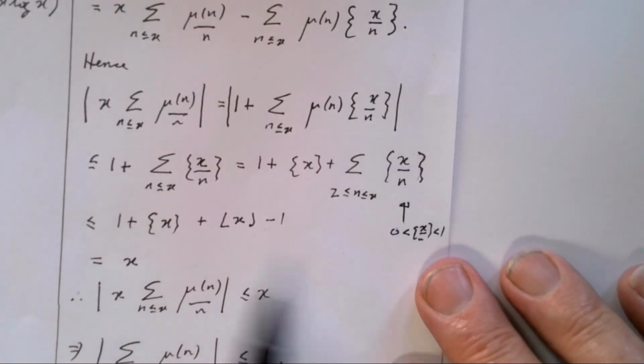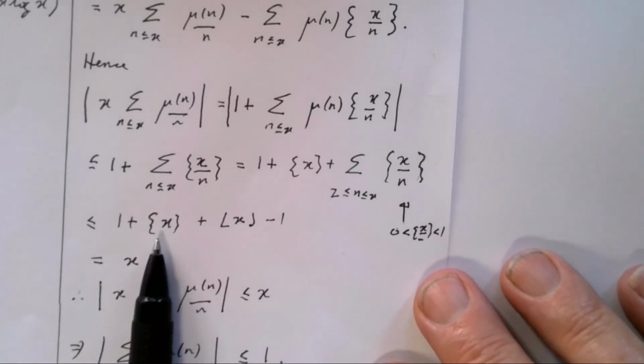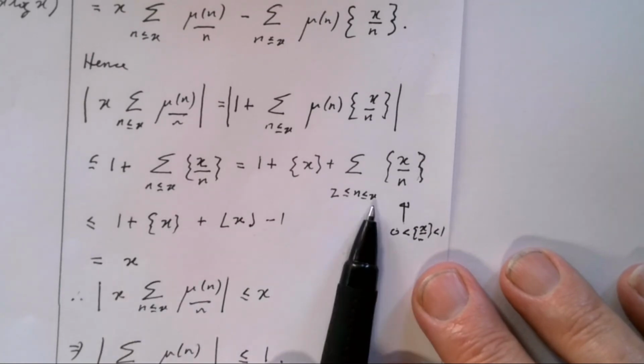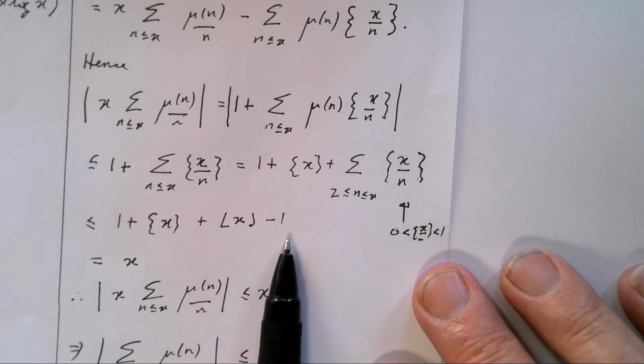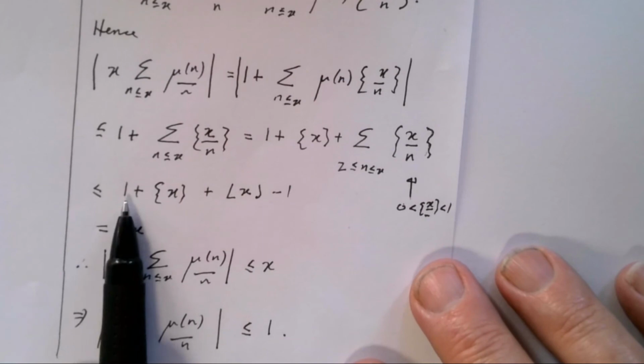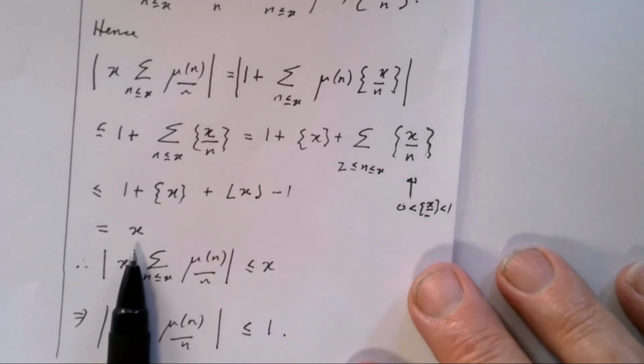So this is less or equal to 1 plus fractional part of x, plus this is going to be this many terms, the floor of x, minus 1, because we started at 2. So I can just get that there. Now the 1's cancel, and fractional part of x plus the floor of x gives me back x again.